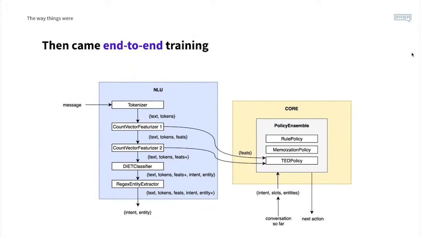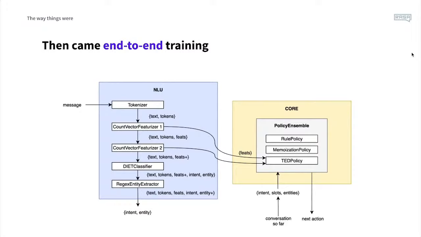But then end-to-end training came along. End-to-end training was a new feature added to Rasa, which allowed the policies to predict the next action directly using messages, i.e. going directly from user text to bot response, and skipping the NLU classification. However, this means that the TED policy now needs access to certain NLU features.